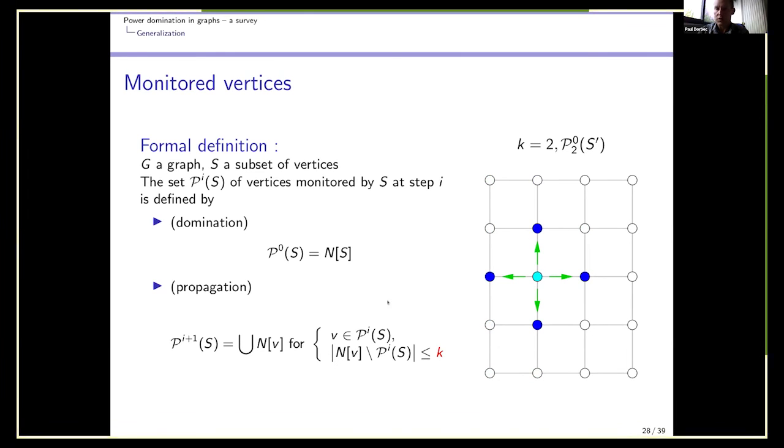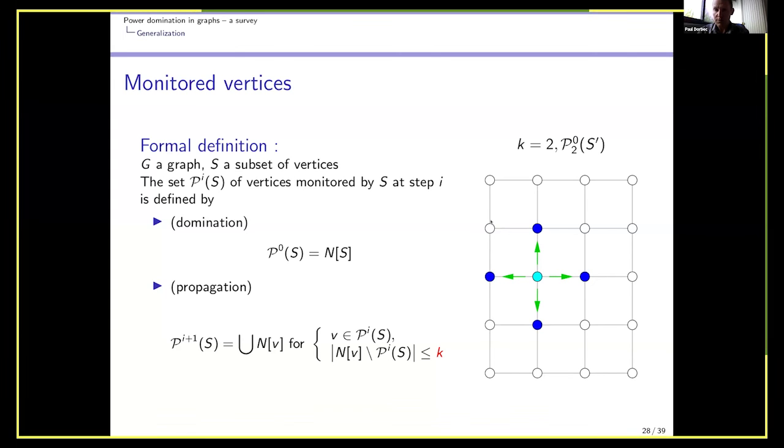It means that a vertex can propagate not necessarily only to one vertex, but to at most k. If I take k equal 2, it means that every vertex may propagate to all of its neighbors if there are at most k, so here 2, not monitored yet. For example, this vertex has 2 neighbors not monitored, top one and bottom one.